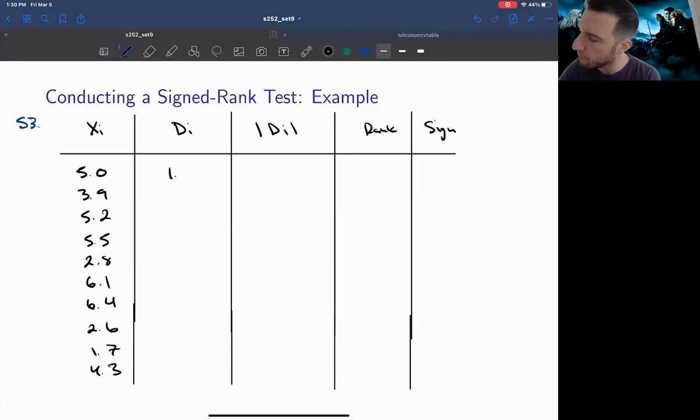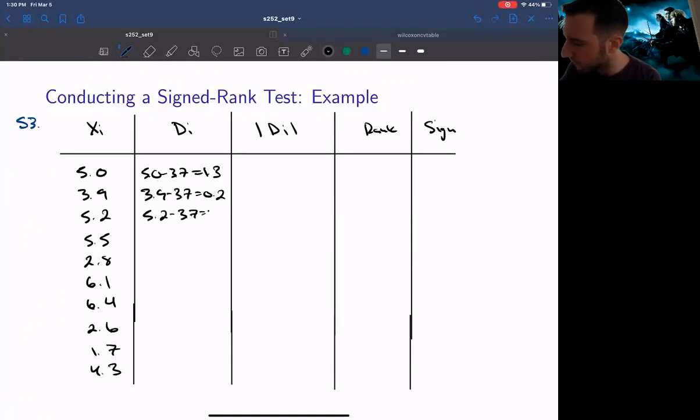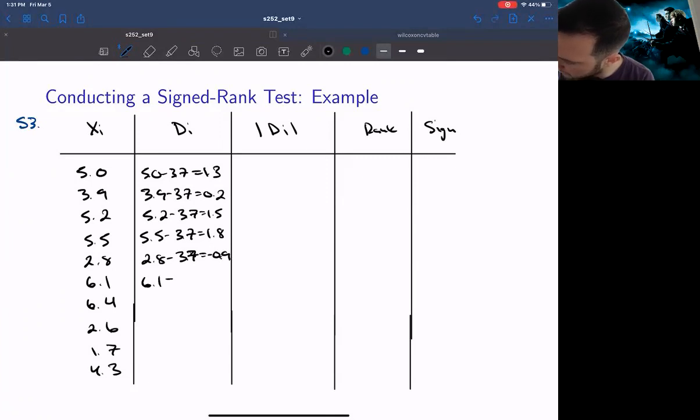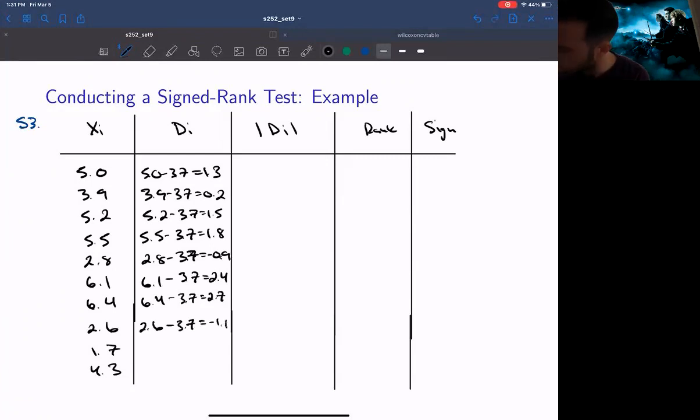So 5.0 minus 3.7 equals 1.3. 3.9 minus 3.7 equals 0.2. 5.2 minus 3.7 equals 1.5. 5.5 minus 3.7 equals 1.8. 2.8 minus 3.7 equals negative 0.9. 6.1 minus 3.7 equals 2.4. 6.4 minus 3.7 equals 2.7. 2.6 minus 3.7 equals negative 1.1. 1.7 minus 3.7 equals negative 2.0. 4.3 minus 3.7 equals 0.6.